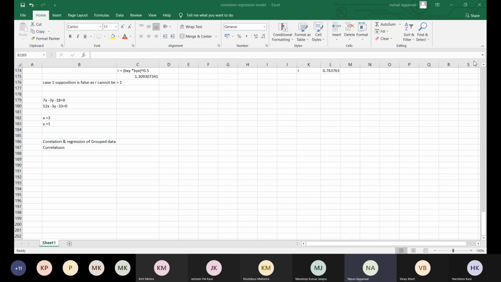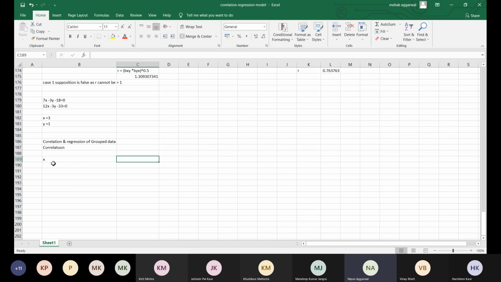So write down the data. There will be two variables, x and y. The data is as follows. x oblique y, so x is on this axis and y is on this.